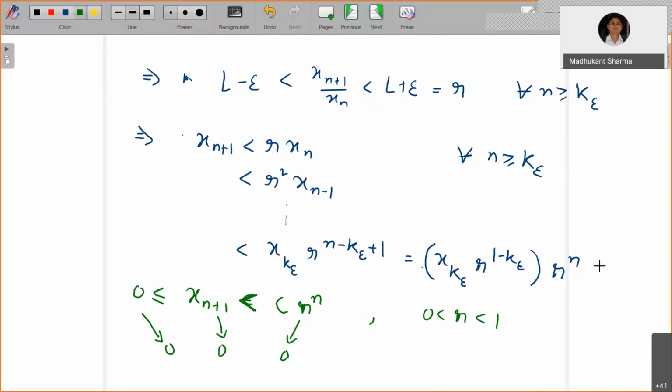I think that is clear now. We have shown that the limit of x n plus 1 is equal to 0, but we need to prove that the limit of x n is equal to 0. So what you can do is replace n by n minus 1 in the above. Whatever we have followed, just replace n by n minus 1 everywhere, and you will get the result for x n.